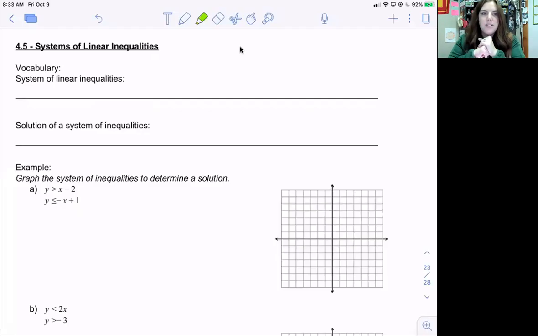Okay, so today we're going to look at 4.5 systems of linear inequalities. So we have a couple of vocabulary. A system of linear inequalities is two or more inequalities written together.